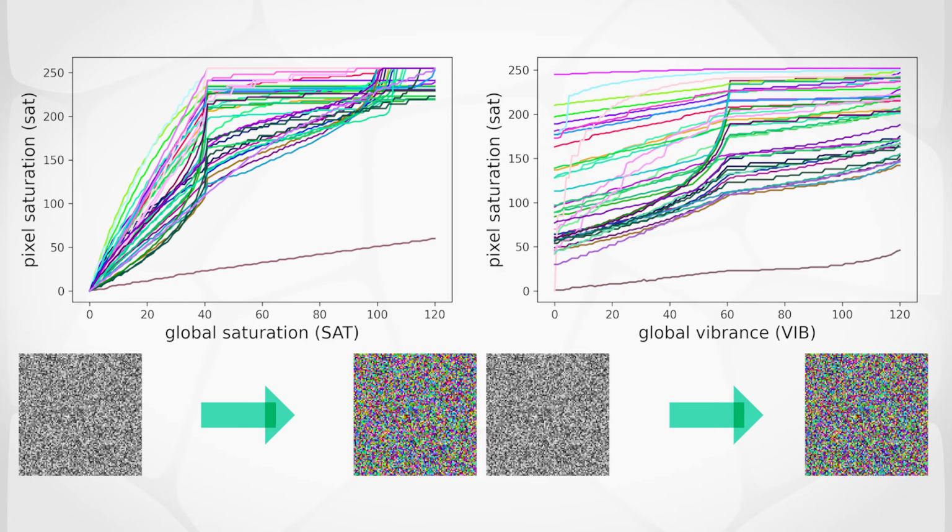And one way to do that is to take some of these random pixels and look at how their pixel level saturation value increases as a function of the global saturation slider. As you increase the saturation or the vibrance, you get this very non-intuitive function where the pixel level saturation increases in this really weird way.